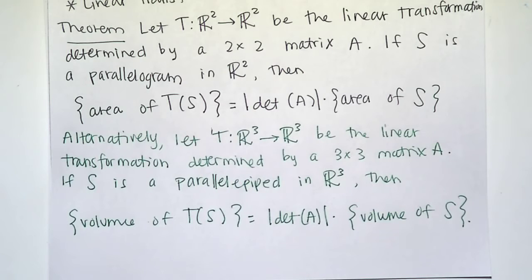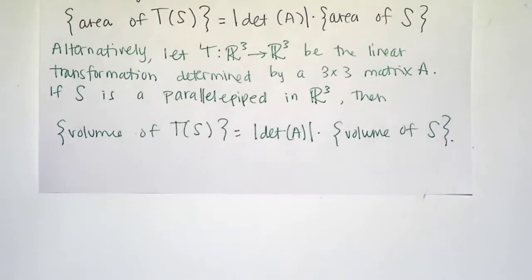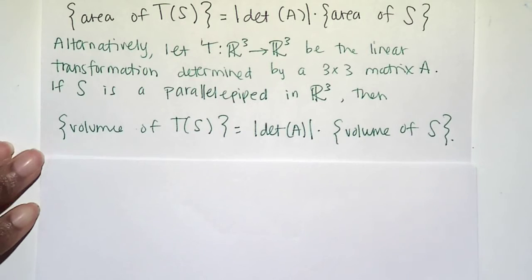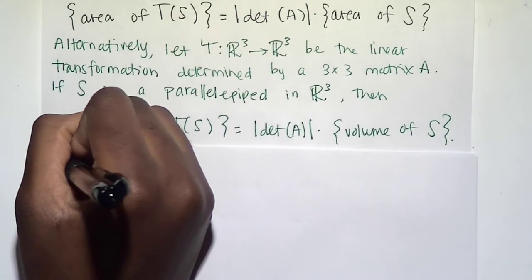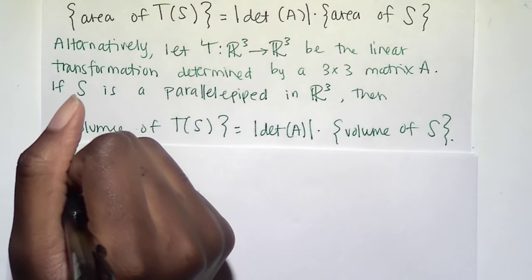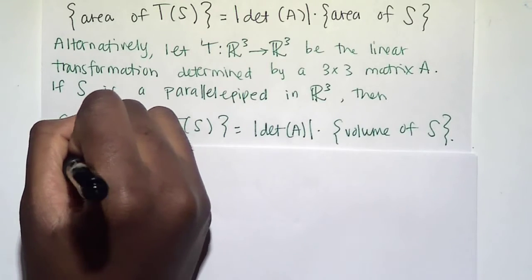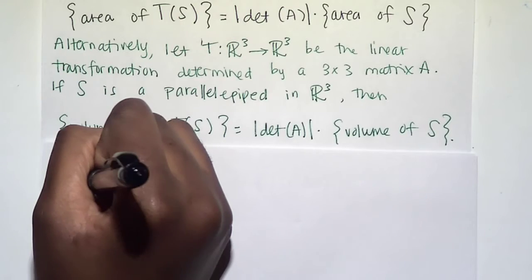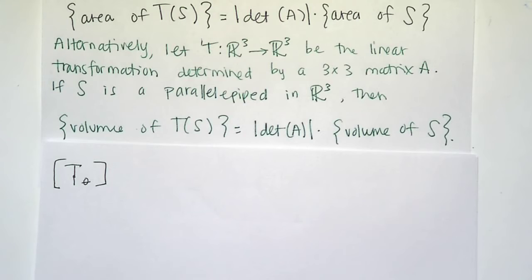Okay, let's look at an example of this. All right, so I'm going to introduce a little new notation. You don't have to really remember this, but I'm going to call T sub theta and let this be a matrix of a transformation.